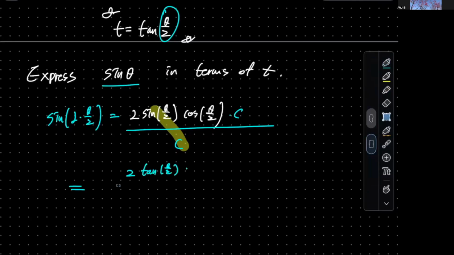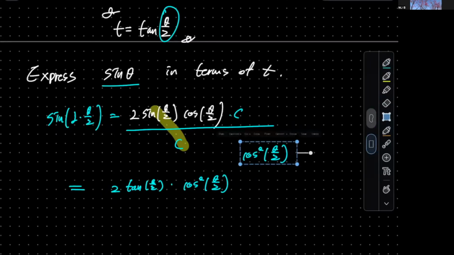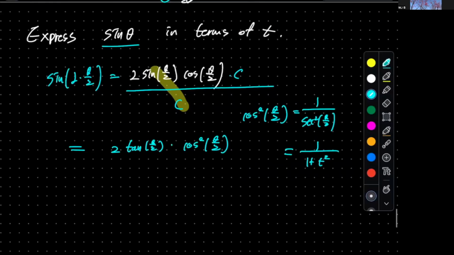But on the next term, I've got the cosine square theta over 2, which is in fact the same as 1 over secant square theta over 2, which becomes 1 over 1 plus tangent square theta over 2, which is going to be replaced by t. That is beautiful. So here, this identity now can be simplified as 2t over 1 plus t square using the double angle and Pythagorean identity.